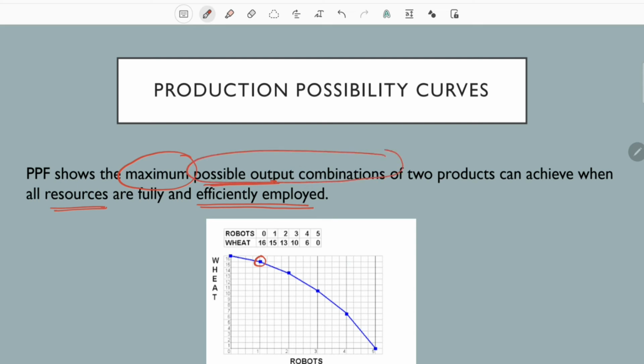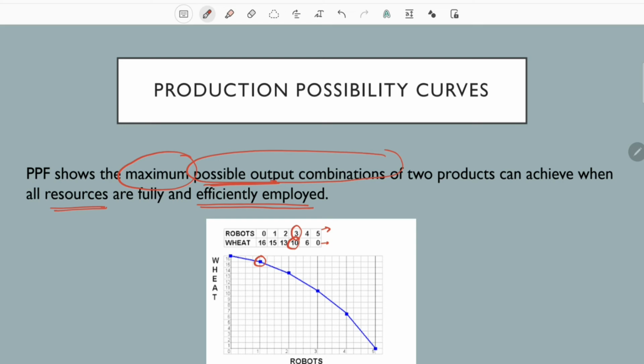In this case, by using the resources, if you are going to produce 5 robots, you have to use all your resources to produce robots, so you aren't able to produce any wheat here. But if you are only producing 3 robots, the rest of the resources can be used to produce 10 sacks of wheat.